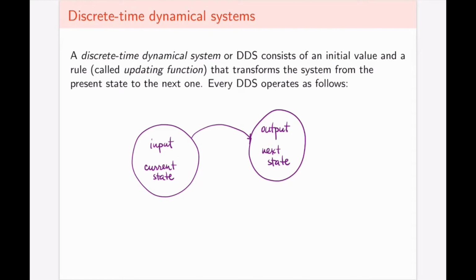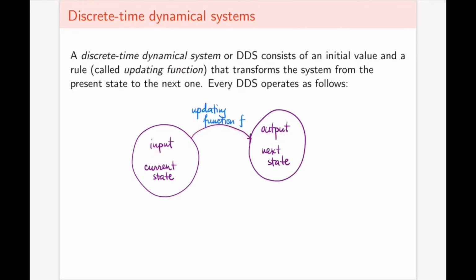Now, this updating function is normally what we are after, because if we can find the function that models this process, then we will be able to, given any input, produce a corresponding output.